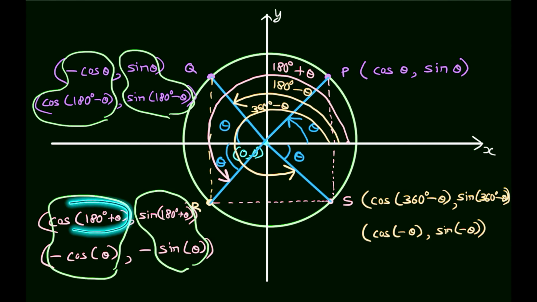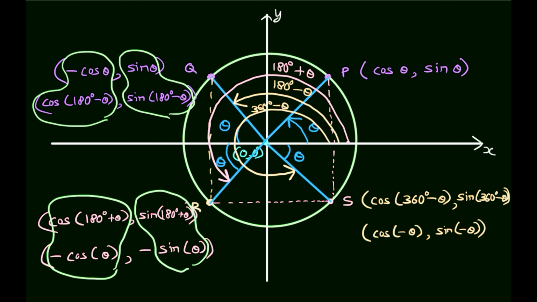Cosine of 180 degrees plus theta will give you a negative answer, because this is the negative x-axis. So you have to add a negative sign in front in order to write the x coordinate of point S in terms of the coordinates of point R, because the x coordinate of S will be positive. And similarly, the y coordinate of R will be the same as the y coordinate of S, so it can simply be written as sine of 180 degrees plus theta. So these are the different ways of writing the coordinates.